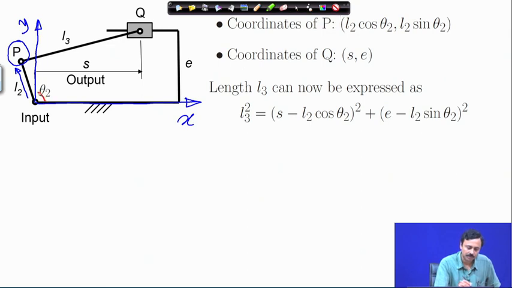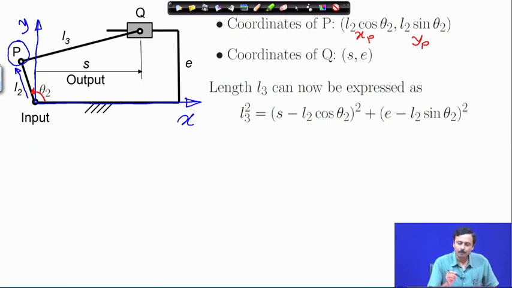So, theta 2 is this angle. So, L2 cosine theta 2, which is the x coordinate of point P, and L2 sine theta 2, which is the y coordinate of point P.